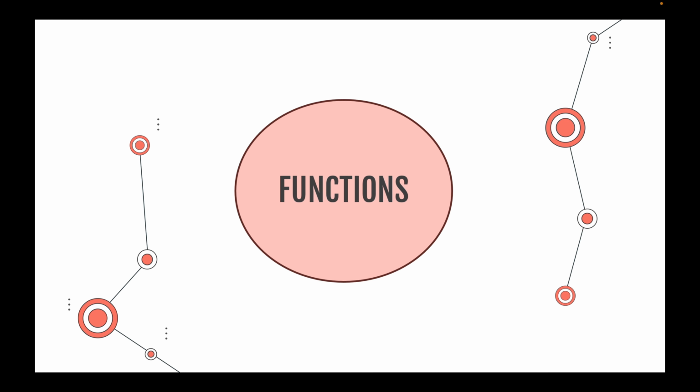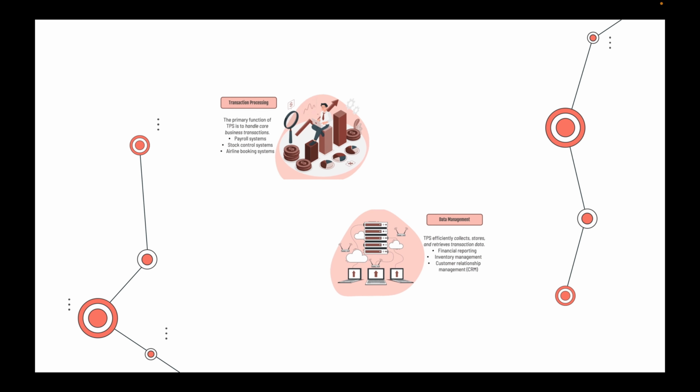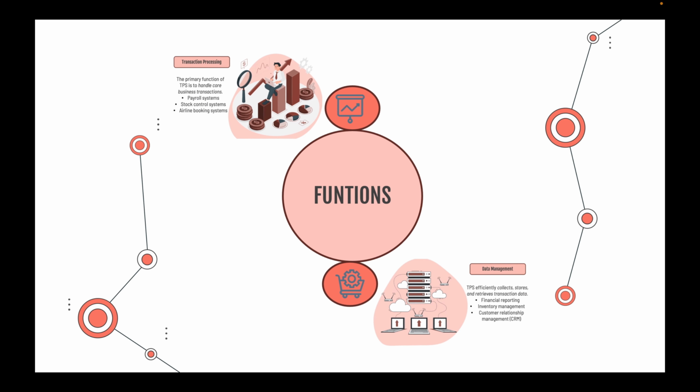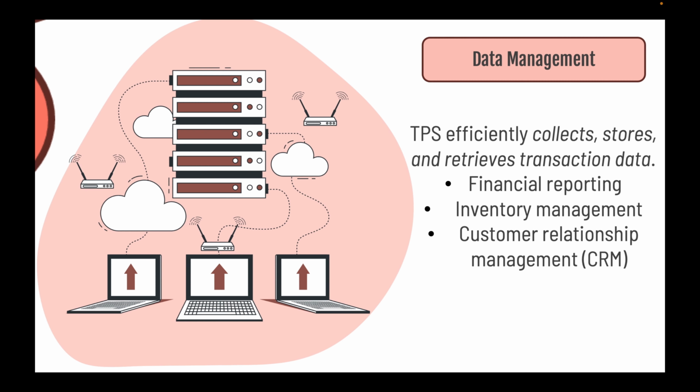TPS has two core functions, which are data management and transaction processing. With data management, TPS efficiently collects, stores, and retrieves transaction data. This data serves as a vital record of business activity and is used for various purposes like financial reporting, inventory management, and customer relationship management.